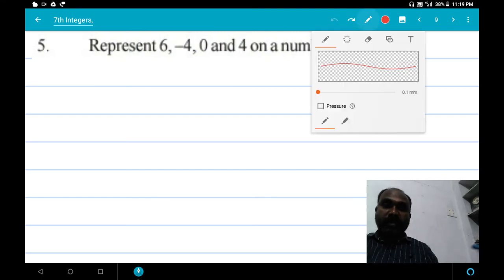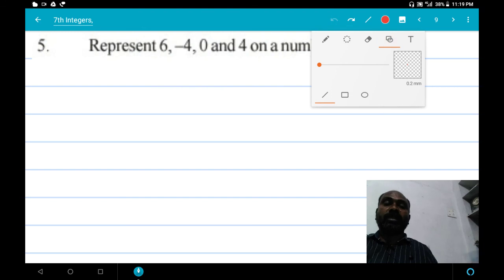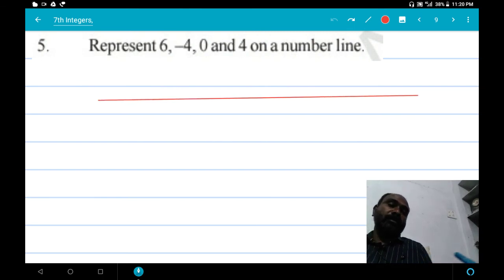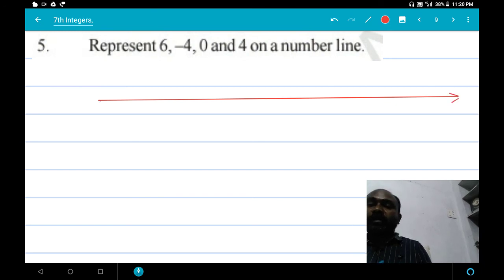Okay, now on the number line, draw a number line. Here we have 6 and 4, and also minus 4.